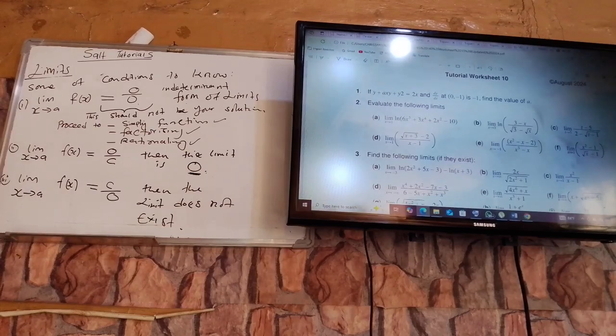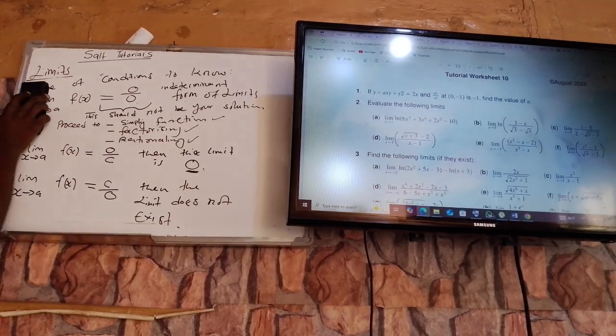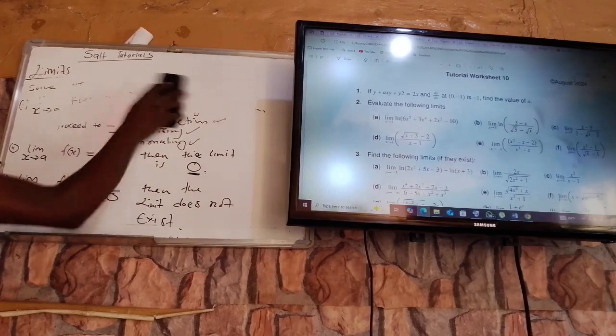Now, let's look at some of the questions in your worksheet. We're going to use all this information which we have written down.